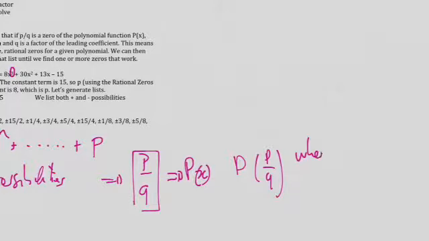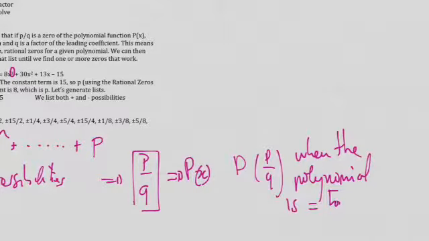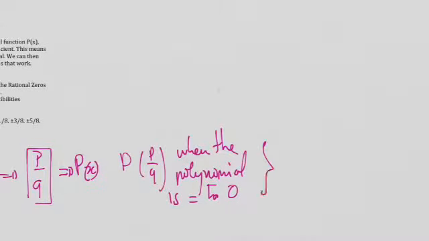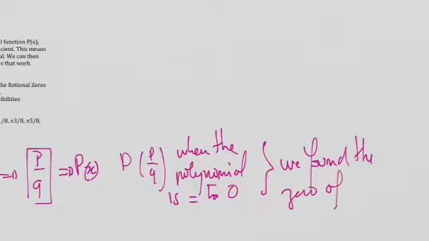And when the polynomial is equal to 0, well, we found a zero of the polynomial P of x.